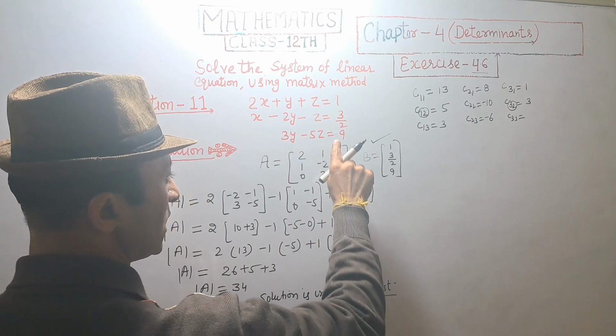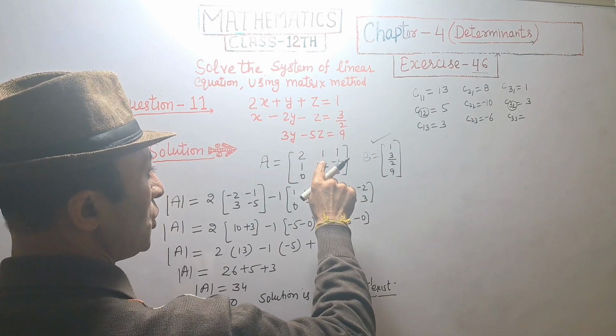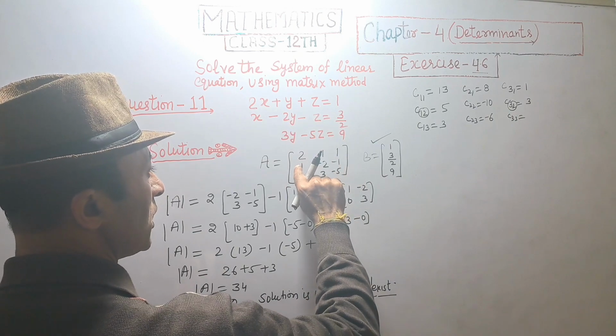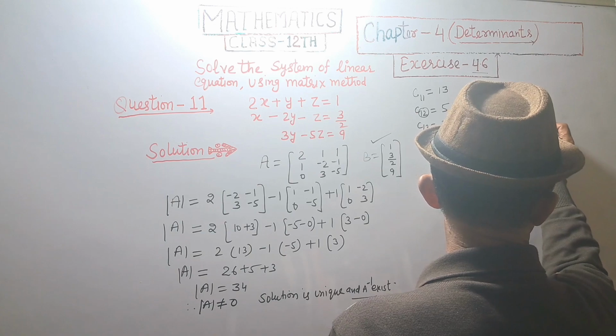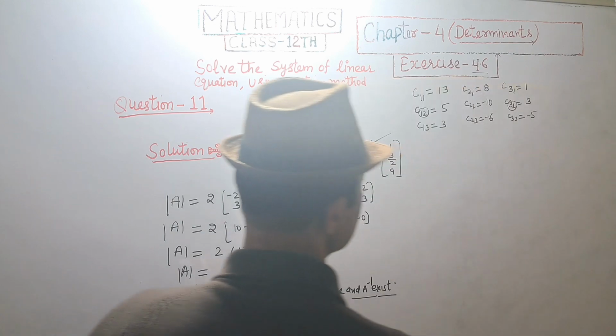And C33 is minus 4 minus 1, that is minus 5.